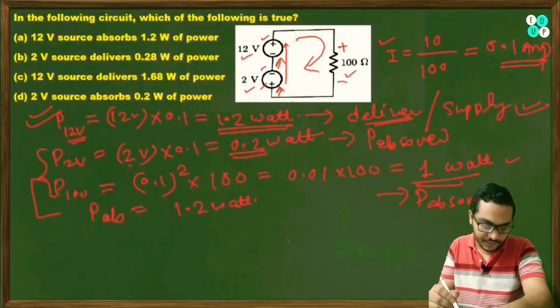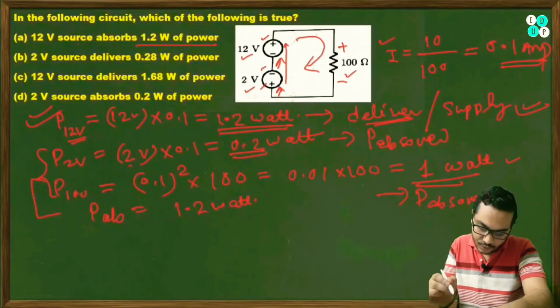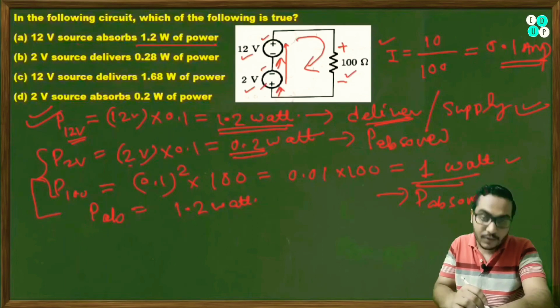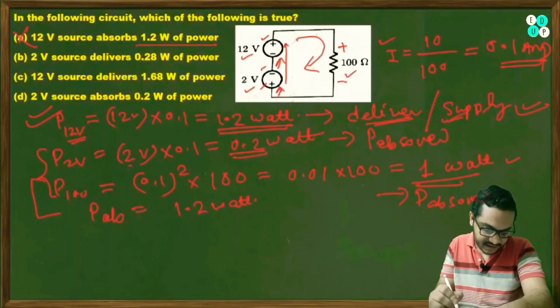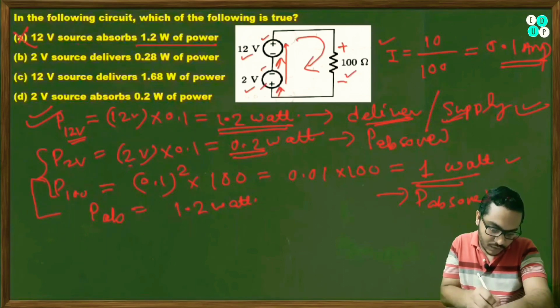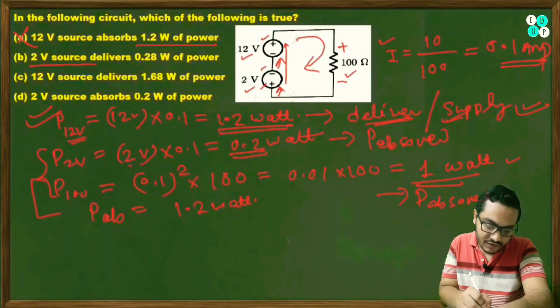Now let's come to the options. Option A says the 2 volt source absorbs 1.2 watt of power. Here we got the 12 volt source supplying or delivering power, so this is wrong. In the second option, the 2 volt source delivers 0.28 watt of power.